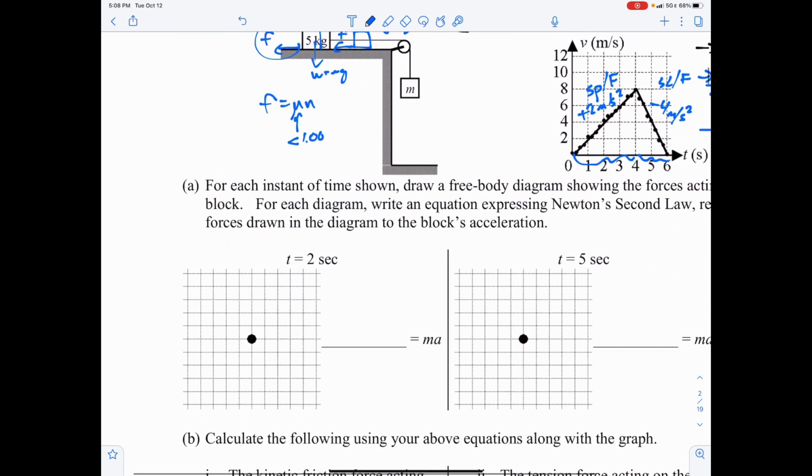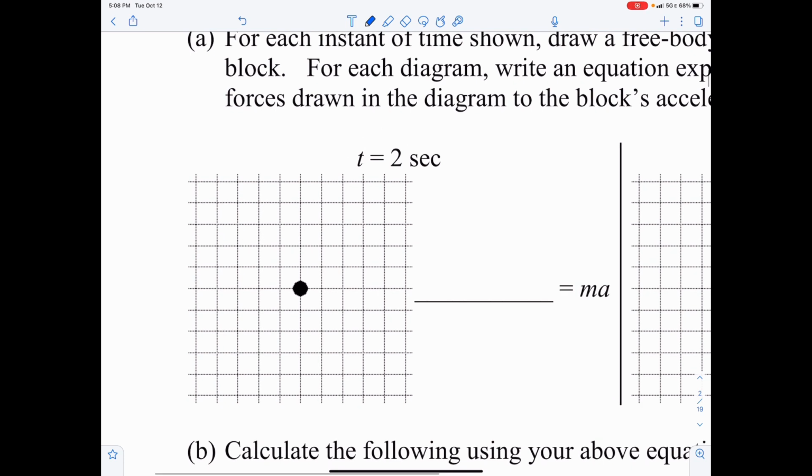Now, t equals 2 seconds would be in the first time interval right here. You can see where 2 seconds falls. And so I'm going to draw a free body diagram that has, I guess, 5 units down. Weight equals mg. I'm going to balance it with normal force.